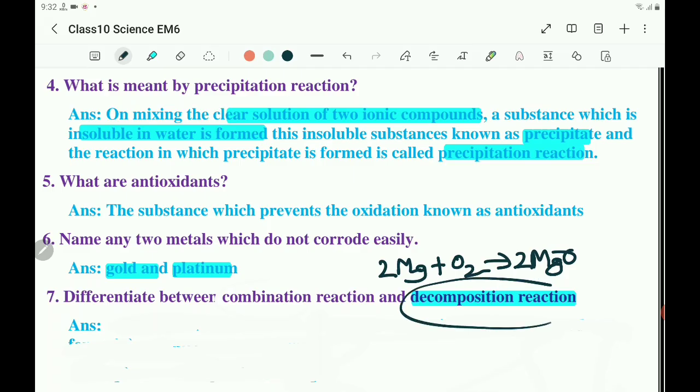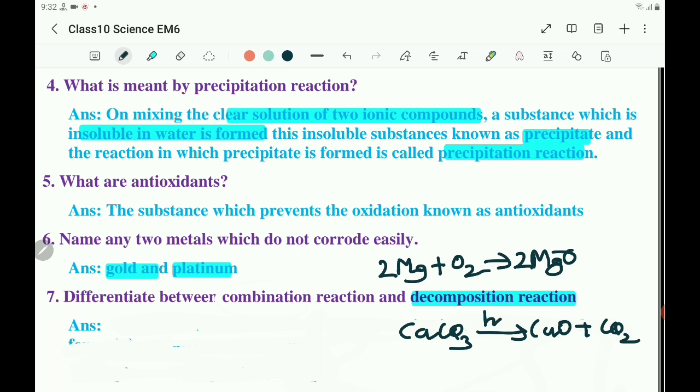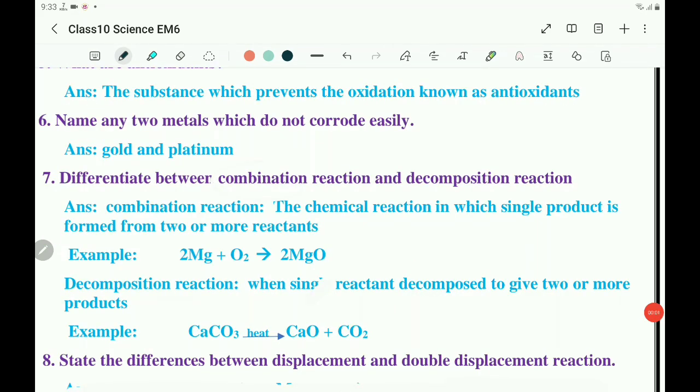For the decomposition reaction, you can give the example, the decomposition of calcium carbonate. CaCO3, on heating, gives calcium oxide and carbon dioxide, CaO and CO2. Then you write the answer.